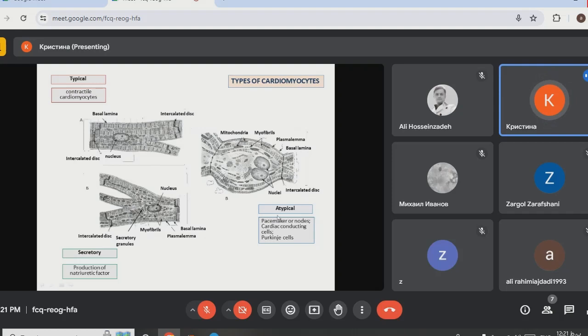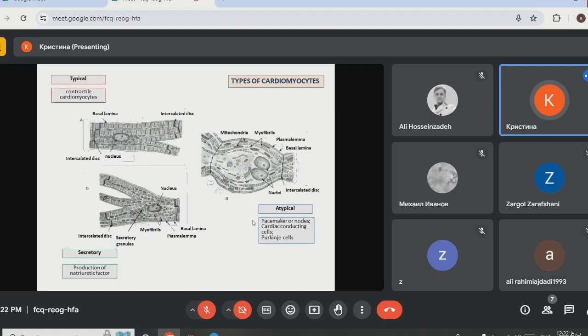Pacemaker means the cell that makes the pace, the number of beats of the heart per minute. It means that these pacemaker cells, which are located in some areas in the heart called nodes, can generate electrical impulses themselves. So the heart doesn't need the nervous system to launch contraction, because cardiomyocytes themselves, these specific types, can generate electrical impulses.